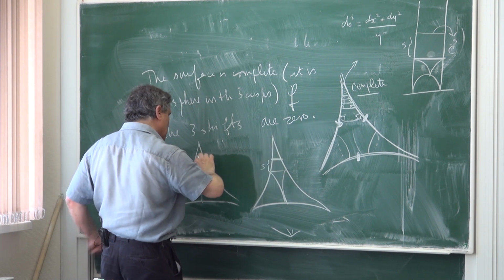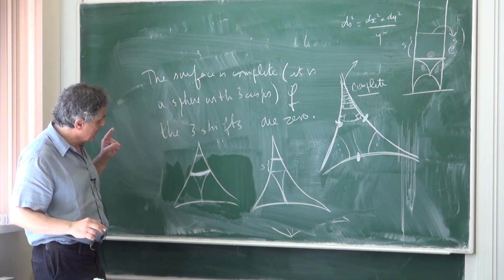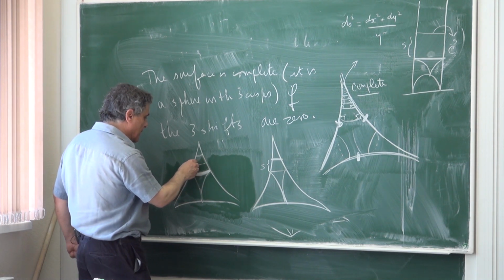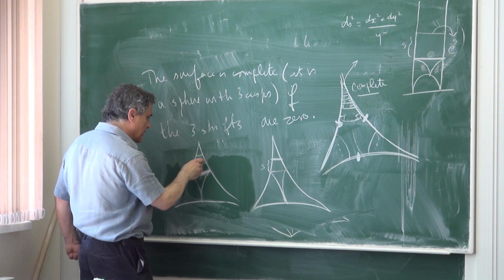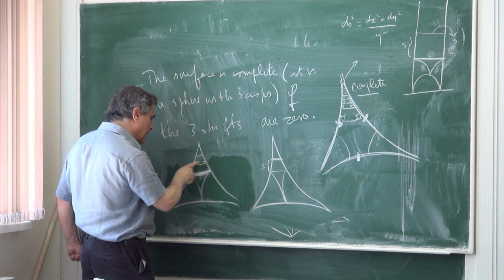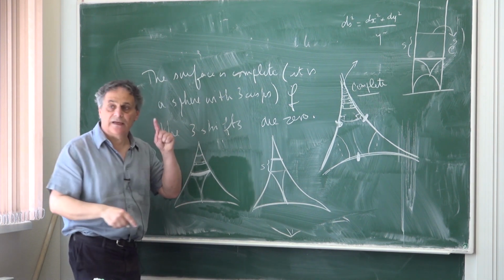I want the total shift to see whether this horocycle is a closed horocycle or not. I have to see where it returns after a second time.